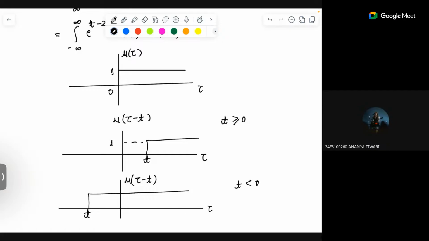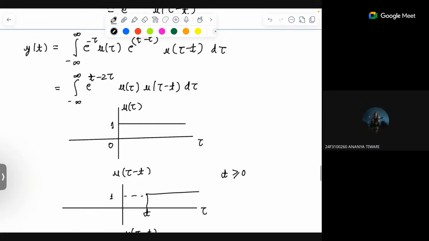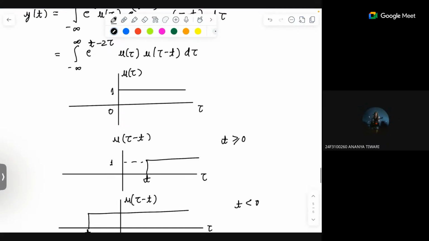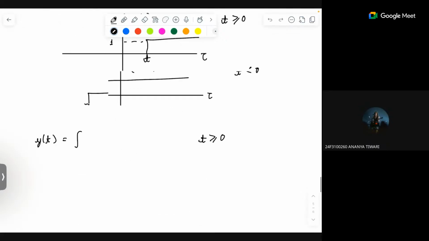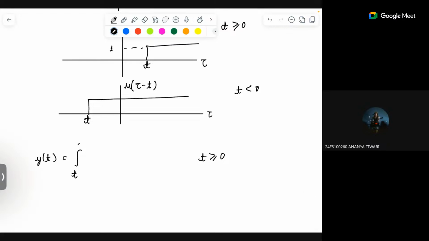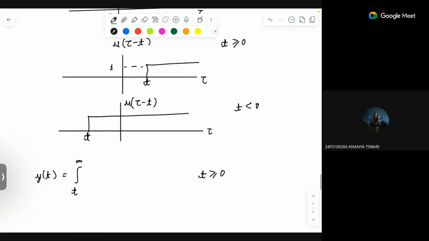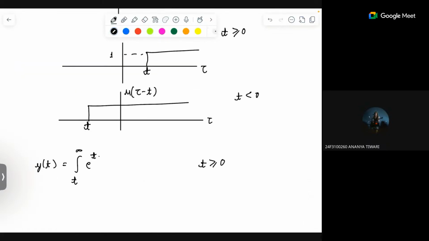Yes, okay, ma'am. Now let us go to y(t). Let us write for t greater than or equal to 0. For t greater than or equal to 0, the limit was t to infinity. So we will write that t to infinity, and this thing will stay as it is. This multiplication we have taken care of by deciding the limits. e raised to the power of t minus 2 tau d tau.